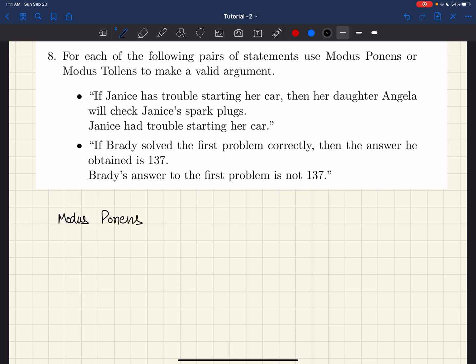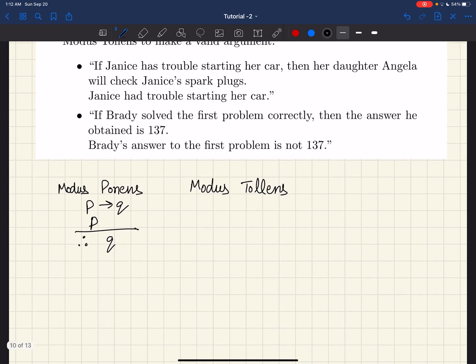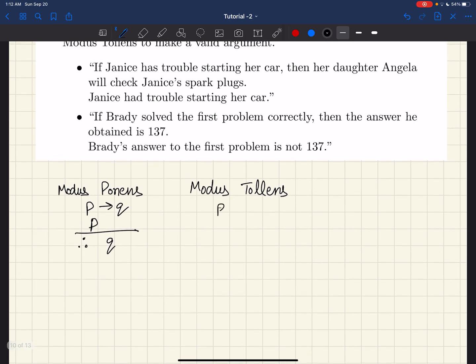Modus ponens states that if P implies Q, this is your premise, and you also know that P is true, your conclusion is Q. Modus tollens, on the other hand, states that if P implies Q and you have not Q, your conclusion is not P.